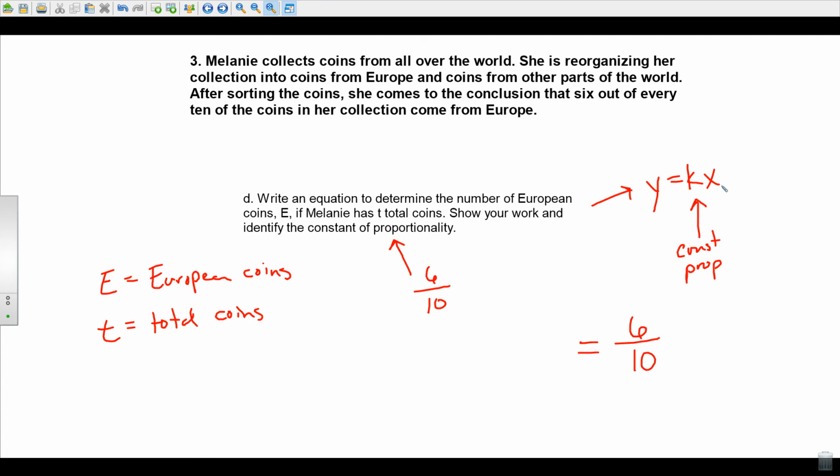So x is the independent variable. Y is the dependent variable. In this situation, the European coins depend on the total number of coins. We know 6 out of 10 of the total are European. So European is the dependent. So E is going to go here in place of y. And T is going to be the independent. So my equation is E equals 6/10 T.